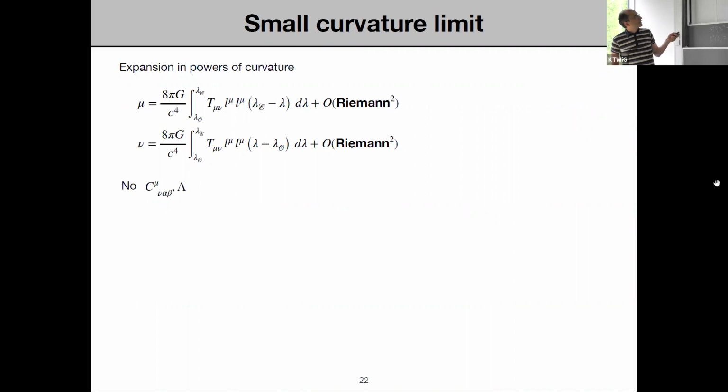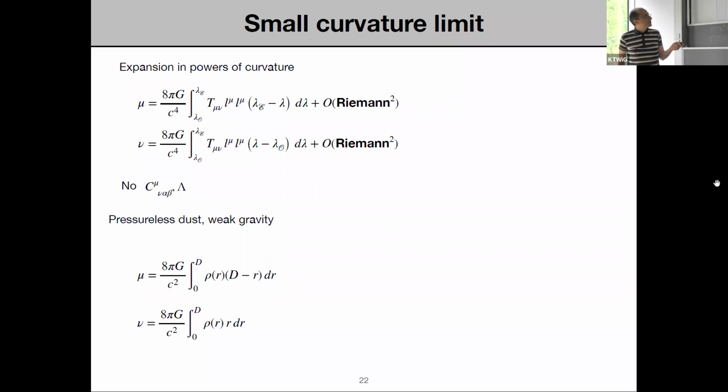Expanding in the powers of curvature, it's possible to show that this mu and nu are integrals of the stress energy tensor contracted with L and with linear kernels, one of them vanishing at the observation point, the other one vanishing at the emission point. At the leading order, the Weyl tensor and lambda drop out.